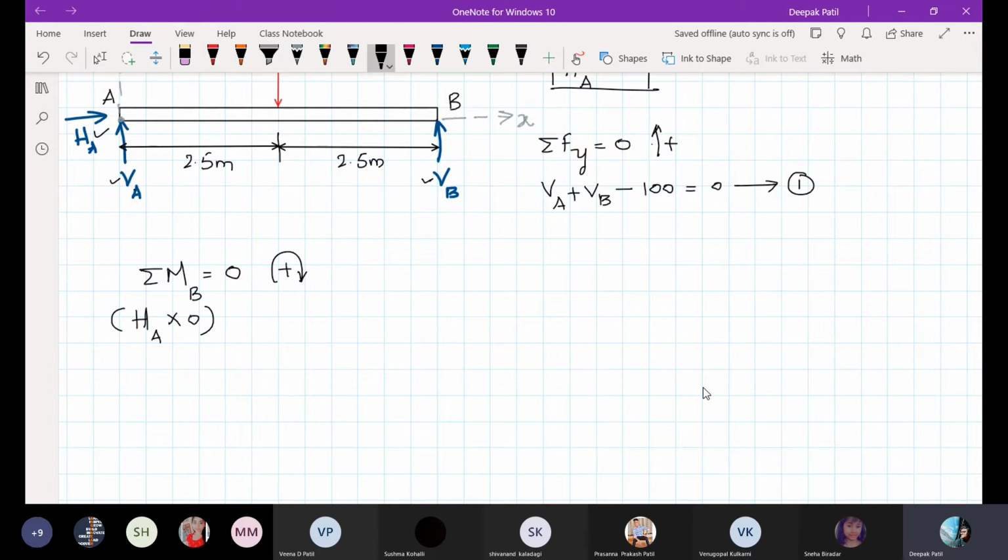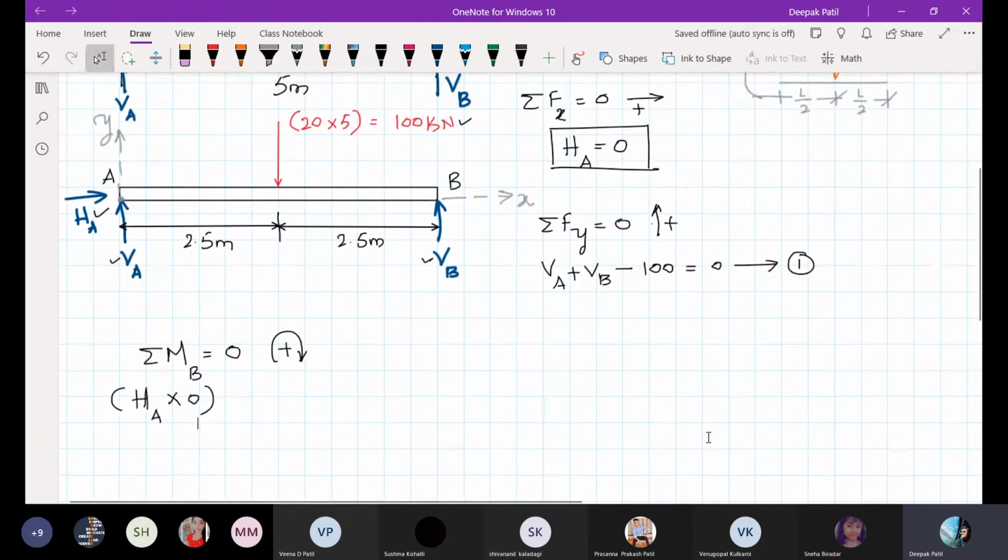Now VA at B will cause a clockwise moment, so I should consider it as plus. The magnitude of the force is VA, and the perpendicular distance is 2.5 plus 2.5, that is 5.